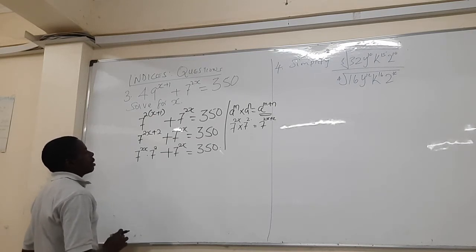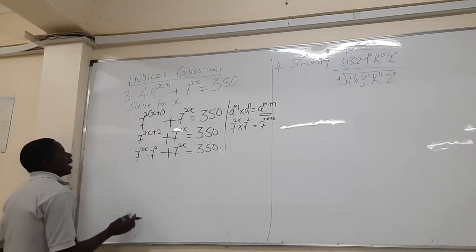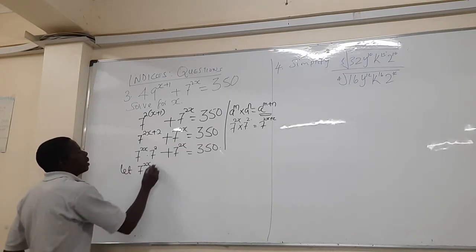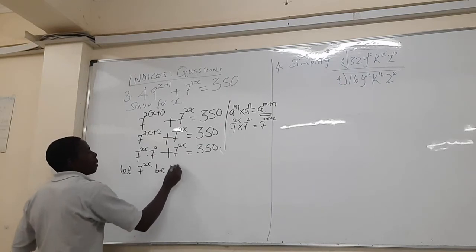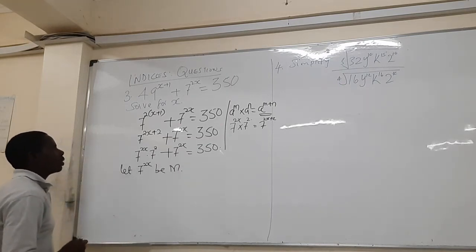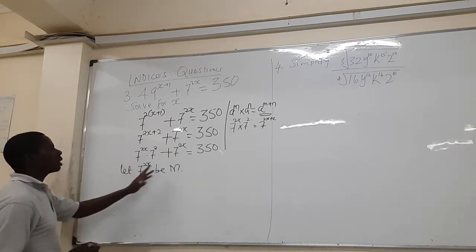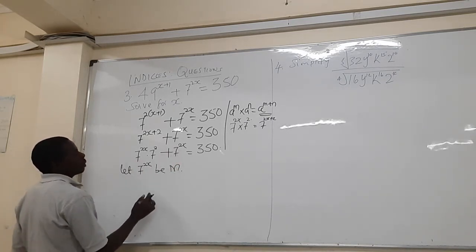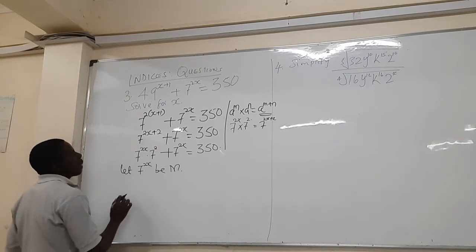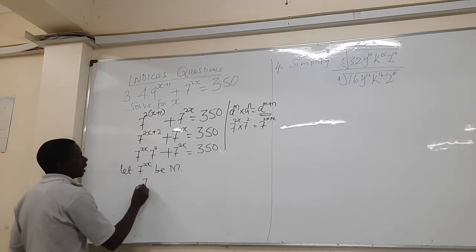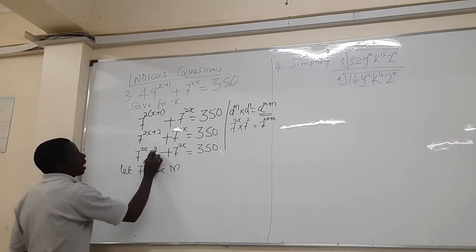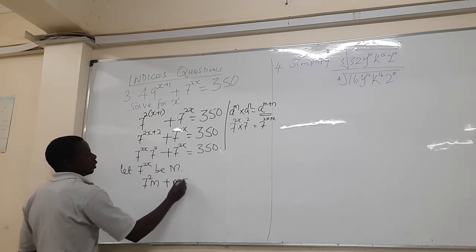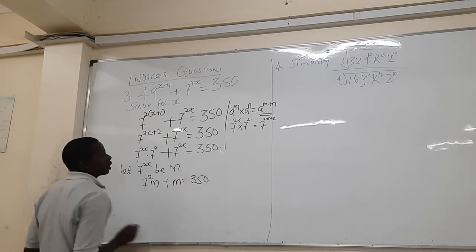Now, we can say let 7 power 2x be a number like m, because we have 7 power 2x there. So if it is our m, we come and replace it there. Now you're going to have 7 squared times m plus m is equal to 350.